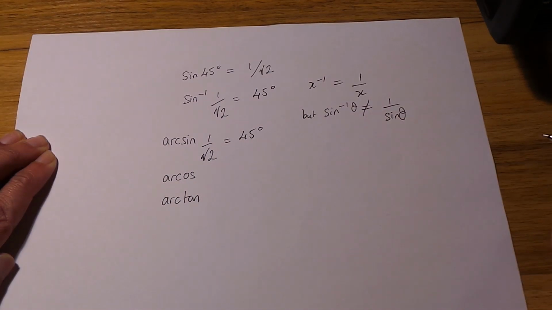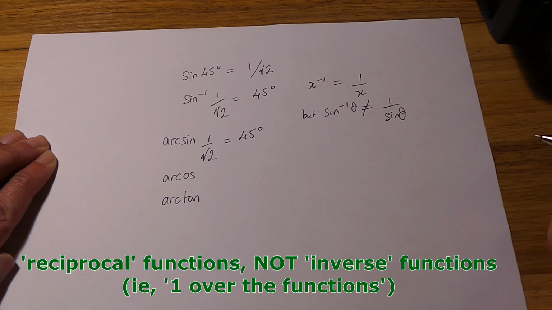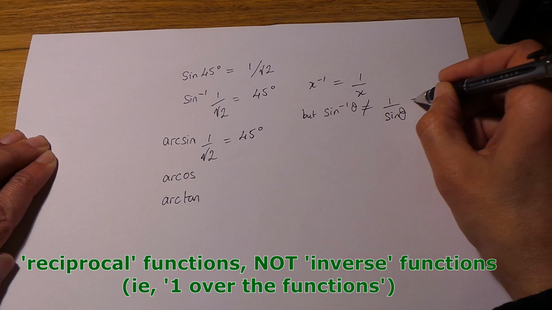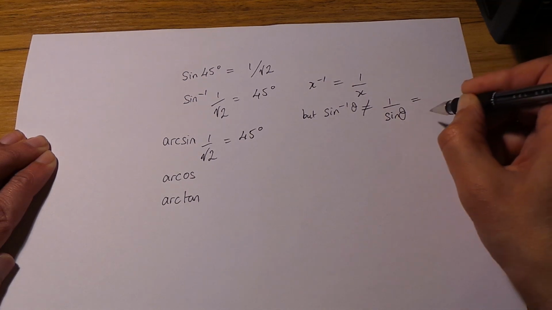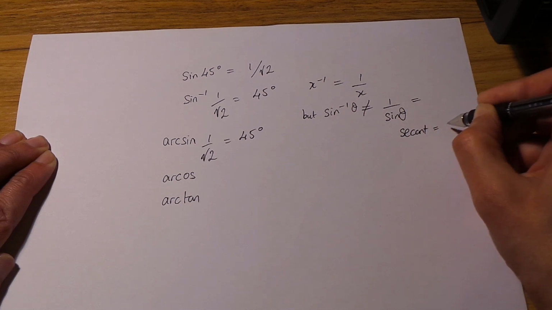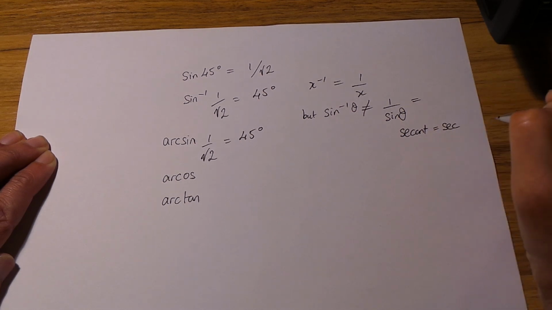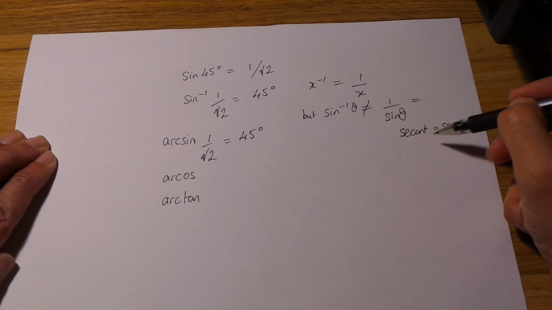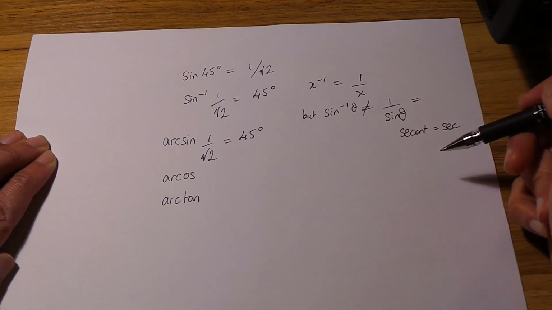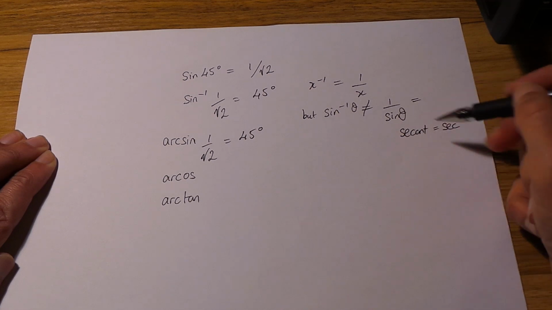There are some other functions that you might see defined, which are just 1 over the functions. So 1 over sine can actually be written as secant or sec. I don't know quite really why we need to define individual functions for 1 over it. I mean, we don't define separate functions for other stuff, but for angles we do.